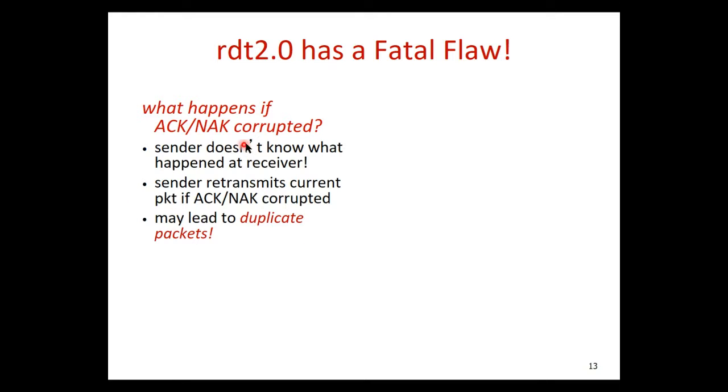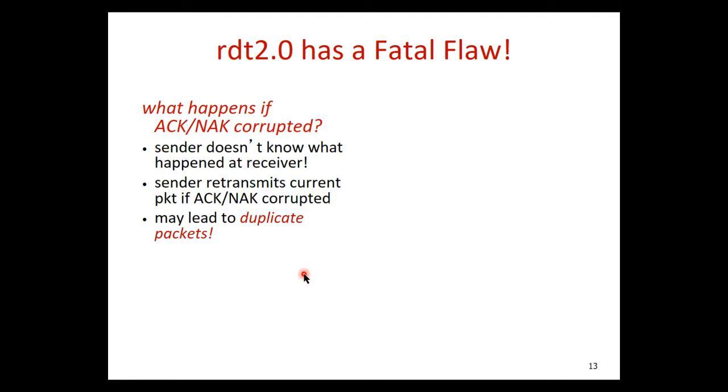So if the sender receives something that is corrupted, then the sender does not know if it is a positive ACK or negative ACK, right? There is some feedback, but now I don't know whether it's positive or negative. So to be safe, the sender should retransmit anyway, right?